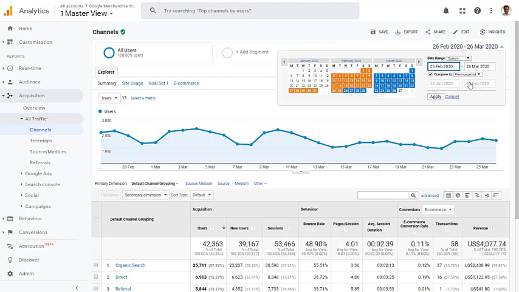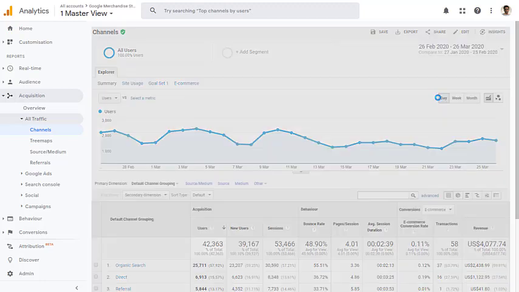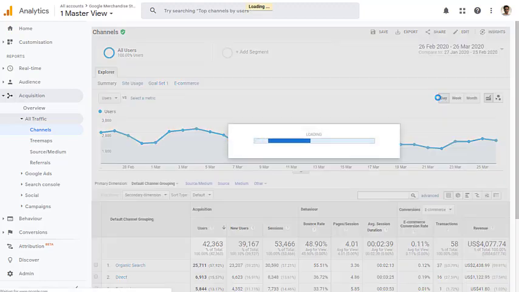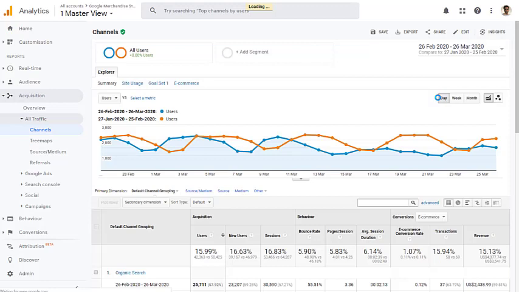Like if it is 1st Feb to 2nd March, then the previous date range will be 1st Jan to 31st January. I will click on apply, and you will see that the graph has changed. Now I see two colors, the current date and the previous date.